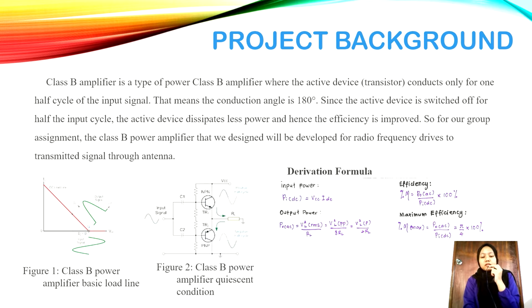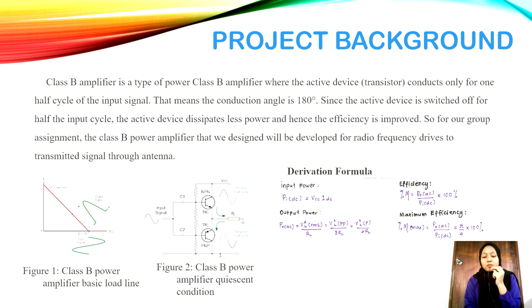A push-pull amplifier uses complementary or matching transistors, one being NPN type and the other being PNP type, with both power transistors receiving the same input signal that is equal in magnitude but in opposite phase to each other.